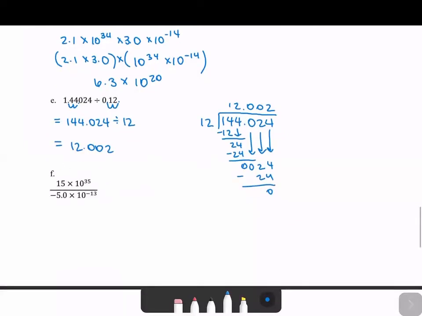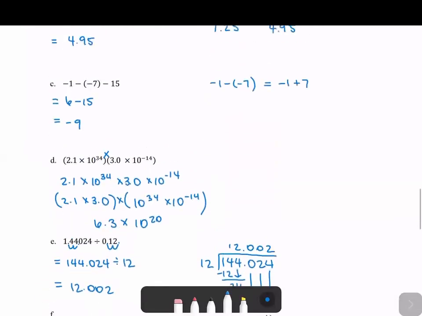Okay, so lastly, dividing with scientific notation. So remember that, like we did with multiplication of scientific notation, we can just divide each thing.